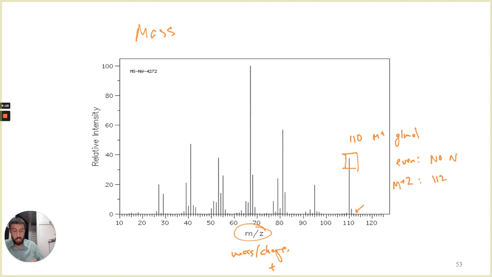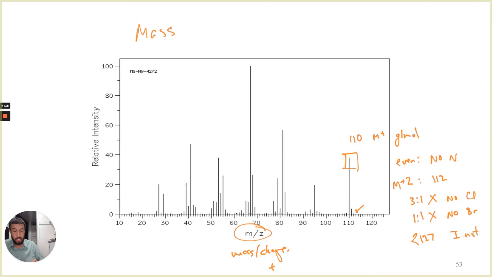There is a tiny little peak there, but it needs to be in a 3-to-1 ratio, which it is not, so no chlorine. A 1-to-1 ratio, which it is not, would mean no bromine. It is less than 127, so iodine is not on the table either. Those would be our big conclusions.